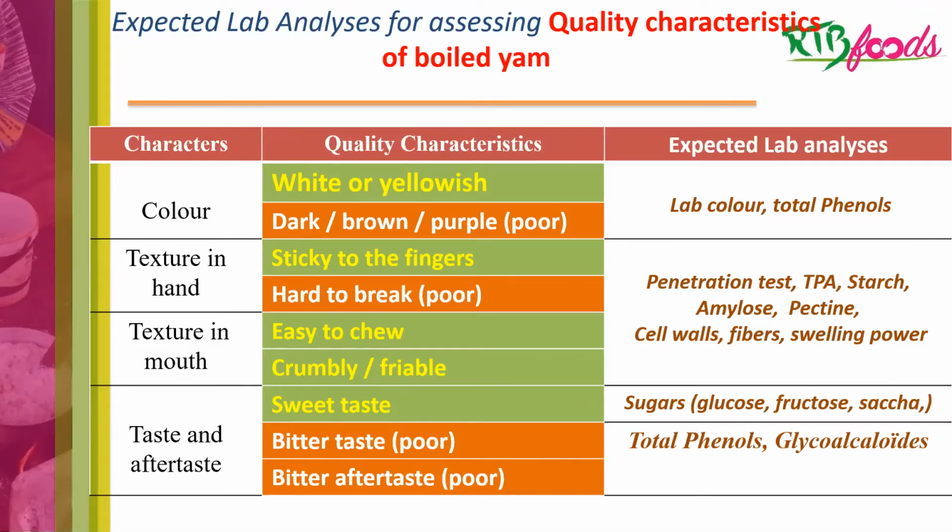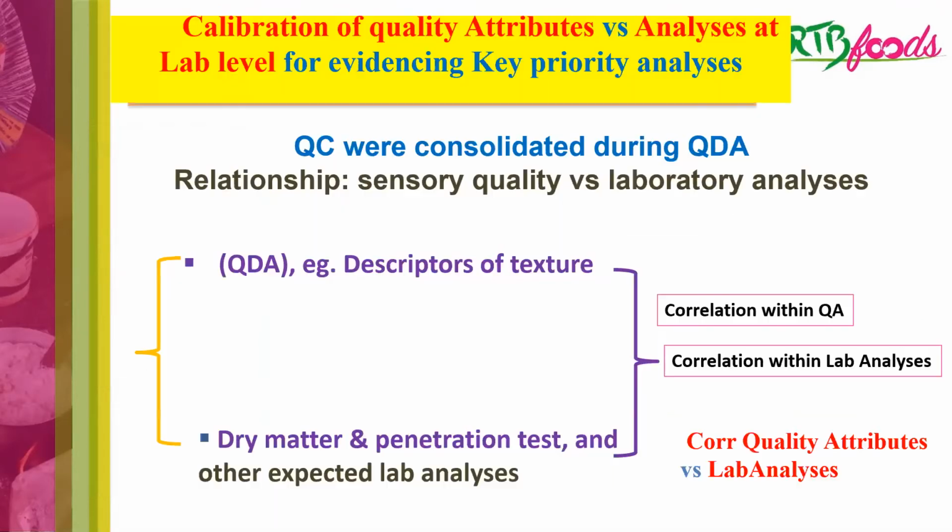So after establishing those quality characteristic and identifying some lab analyzer that can be used, we calibrate those attributes during sensory analysis versus lab analysis to evidence key priority analysis.